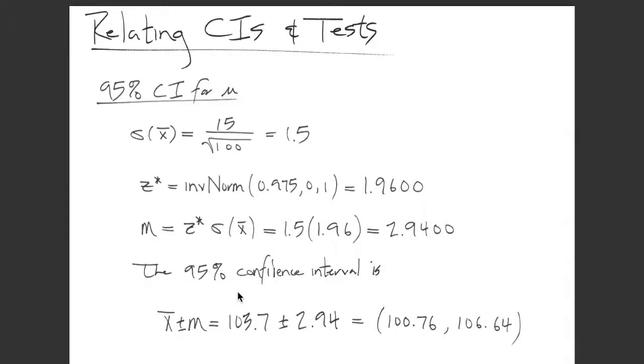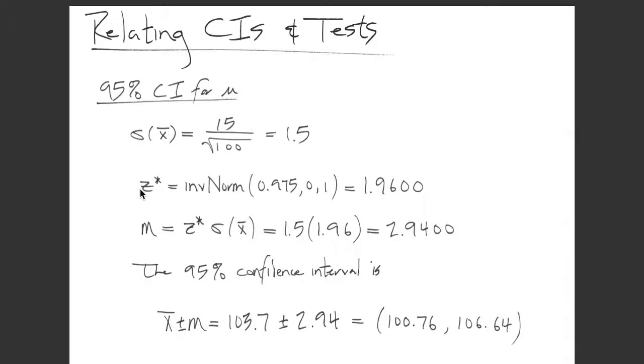Confidence intervals are nice because they're pretty easy to compute once you figure out the basic recipe. You need the standard deviation of the sample statistic, so that's the population standard deviation divided by the square root of the sample size. In our case, that turns out to be 1.5.